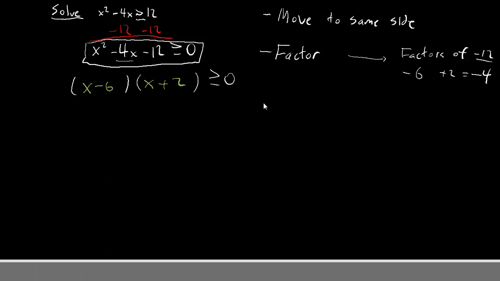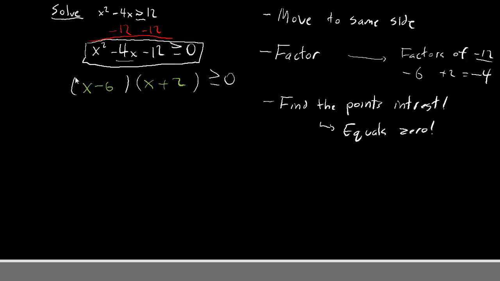Now that we've factored, again our third step is going to be to find the points of interest. Again, what I mean by finding the points of interest is anywhere where it equals 0. So we'll have to solve the left-hand piece and the right-hand piece.